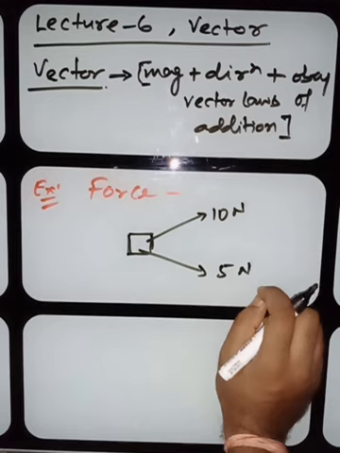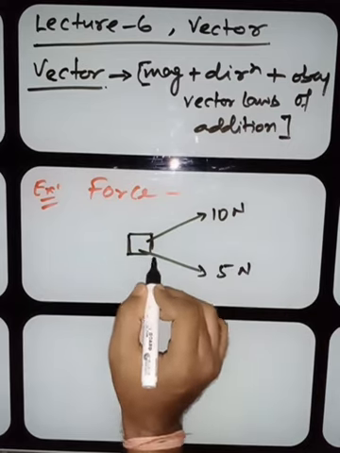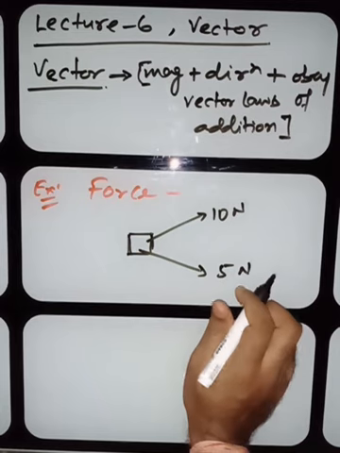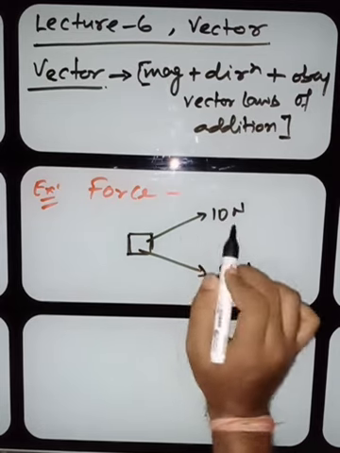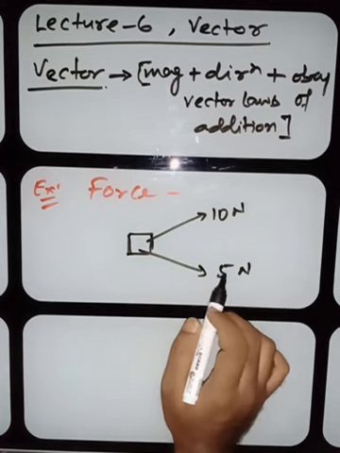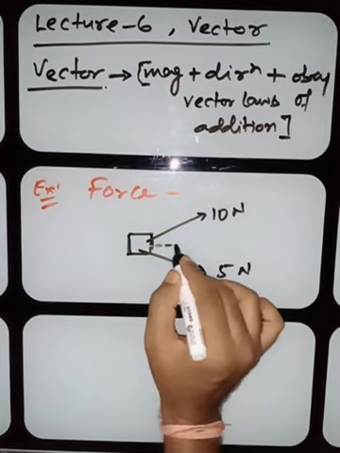Whether this brick will move towards the 10 Newton or towards the 5 Newton. The answer is it will neither go along the 10 Newton nor the 5 Newton. Actually, it will go in between these two forces in this direction.